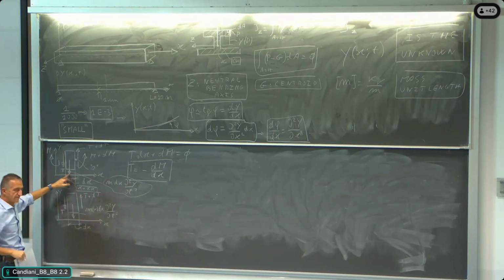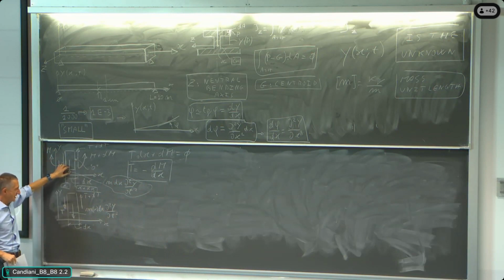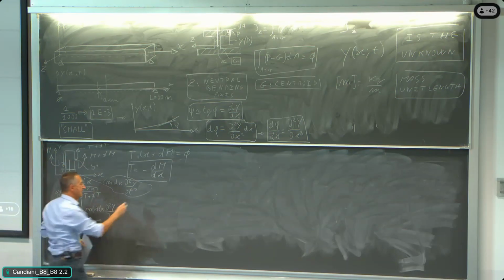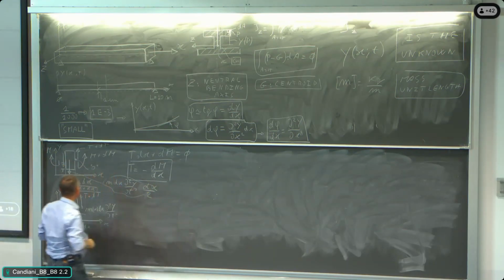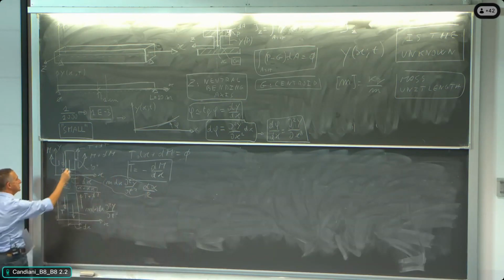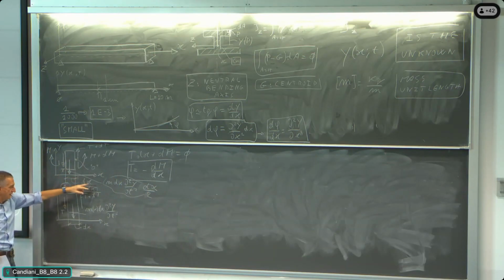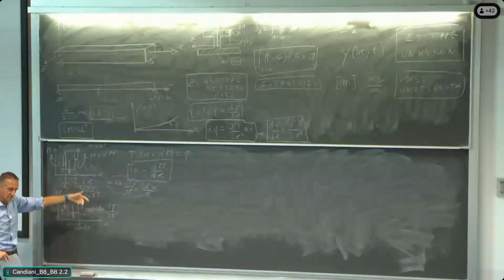This is the force. If we are making the moment with respect to this point of all the forces, I have to multiply this extra force times dx divided by 2, because this dx divided by 2 is the distance of the element of the inertial force from the point at which we are writing the moment, all right? So we have this extra contribution.